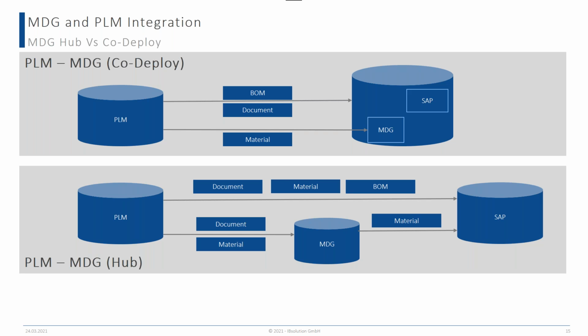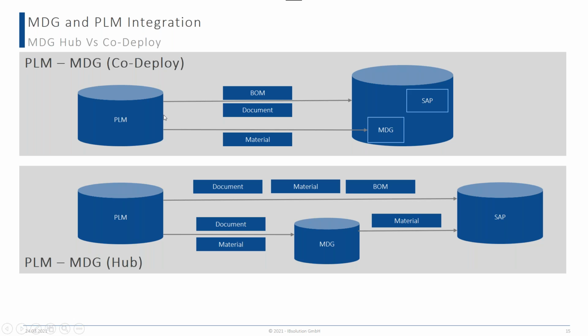Now, the integration of both systems also depends a little on how we have deployed the MDG. First, MDG deployed as a co-deploy in an SAP system, and second, MDG as a hub system.